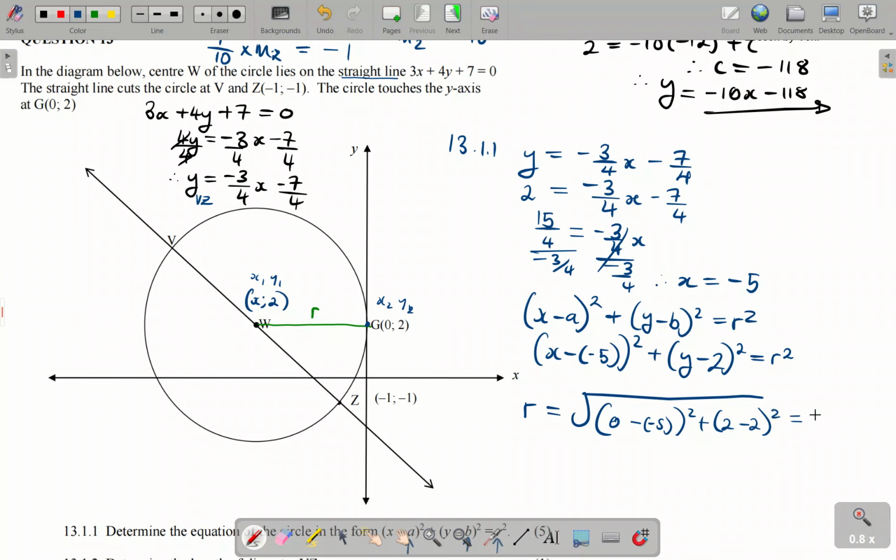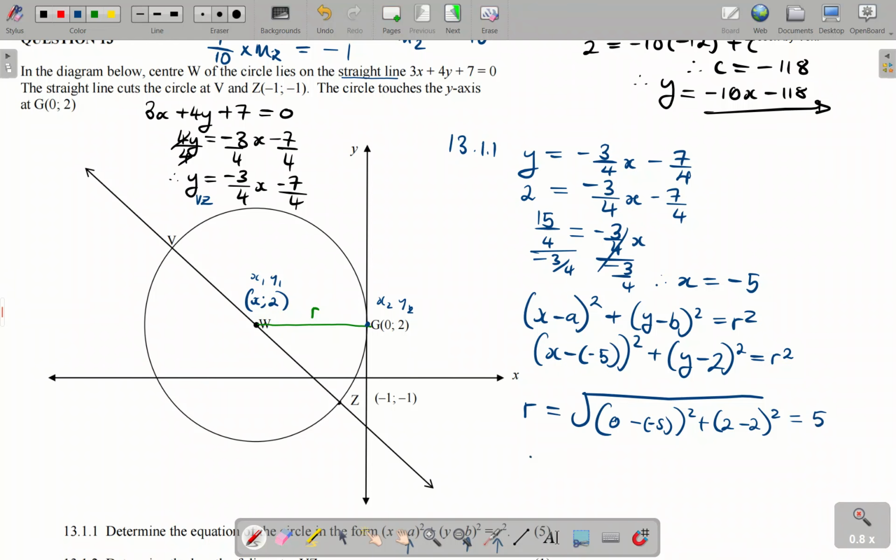So the square root of 0 minus negative 5, squared, plus 2 minus 2, squared. So r is simply 5.